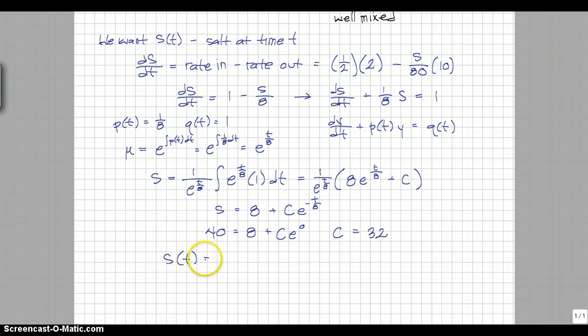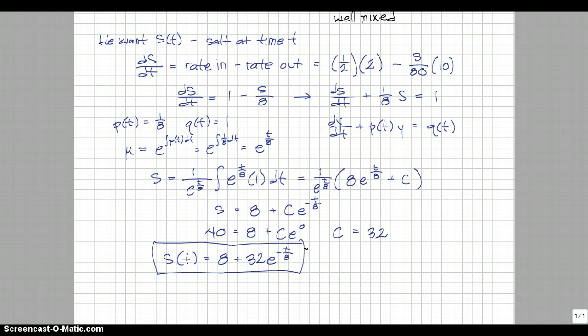S of t is equal to 8 plus 32e to the negative t over 8. This is our unique solution to the differential equation, the function S of t for salt in the tank at time t.